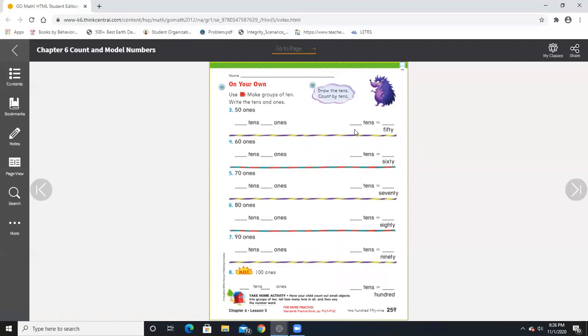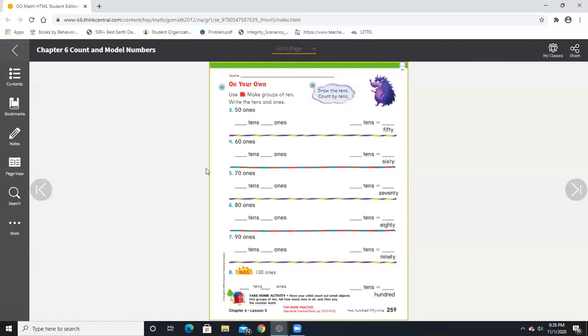So for example, this is 51s. That's 5 10s, 0 1s. Then right here under the word 50, that is the number 50. And right here in the middle, you need to draw how many lines? That's right, you would need to draw 5 lines. So that's just me again talking you through it.